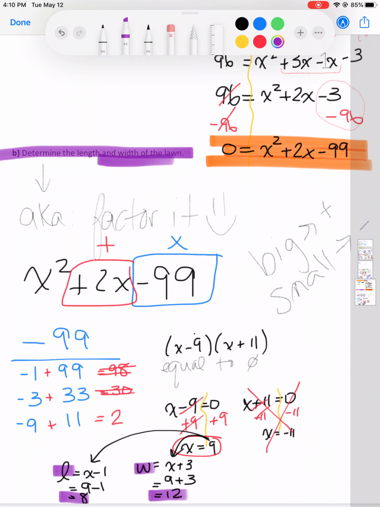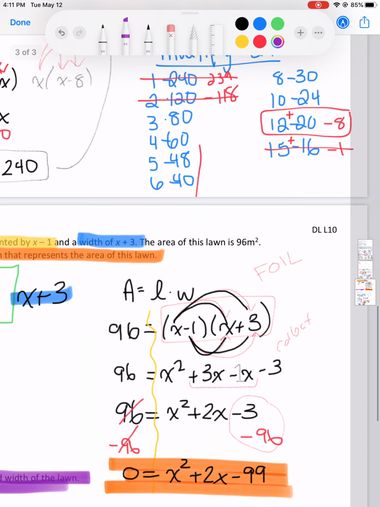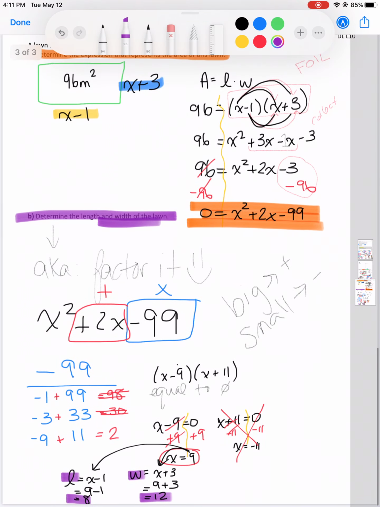So, my length is 8 and my width is 12. Do it really quick. What's 8 times 12? 8 times 12 is 96. Let's look at the original equation. The area of the lawn is 96 meters squared. So we are right. Okay?